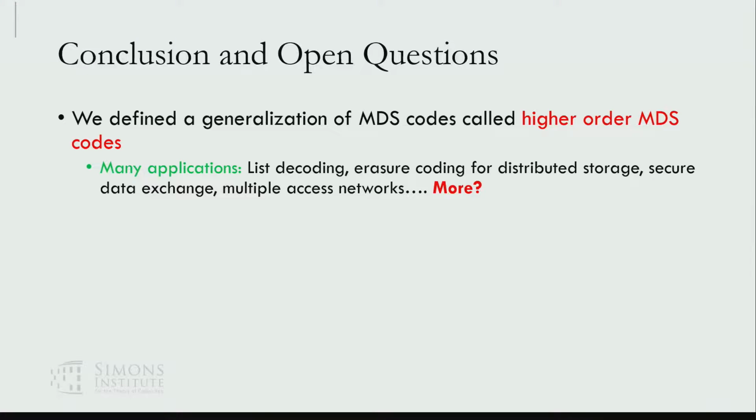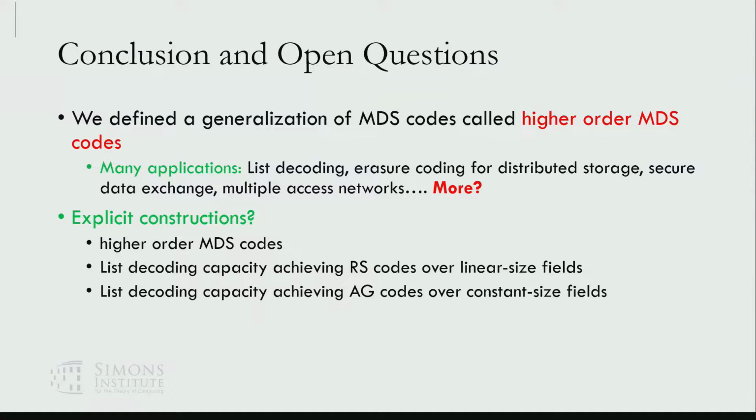Okay, so let me conclude with some open questions. We defined this generalization of higher order MDS codes, and we've seen that they are connected to many things in coding theory, list decoding, erasure coding, and so on. So the main question is explicit constructions. Can we construct explicit higher order MDS codes? The catch is that you will need exponential field size, but it's still good to know what the constructions are.